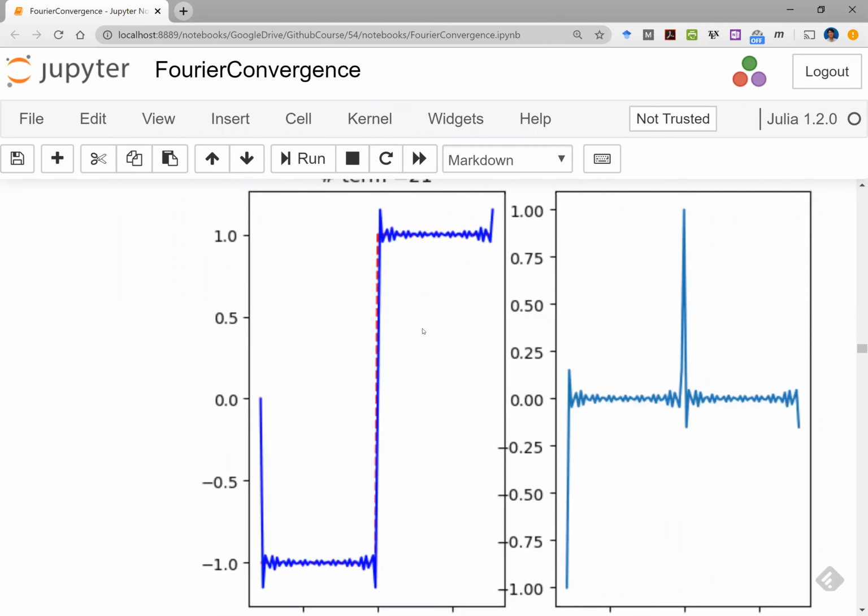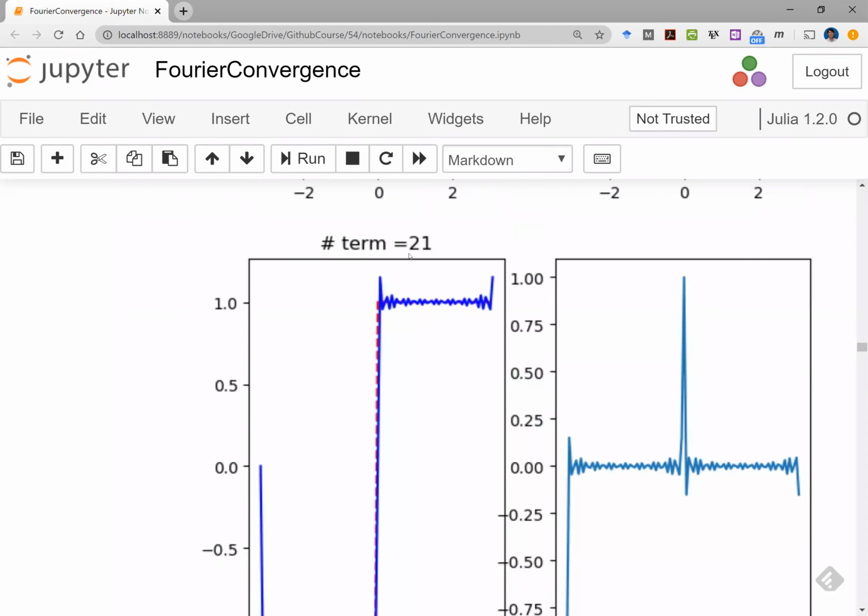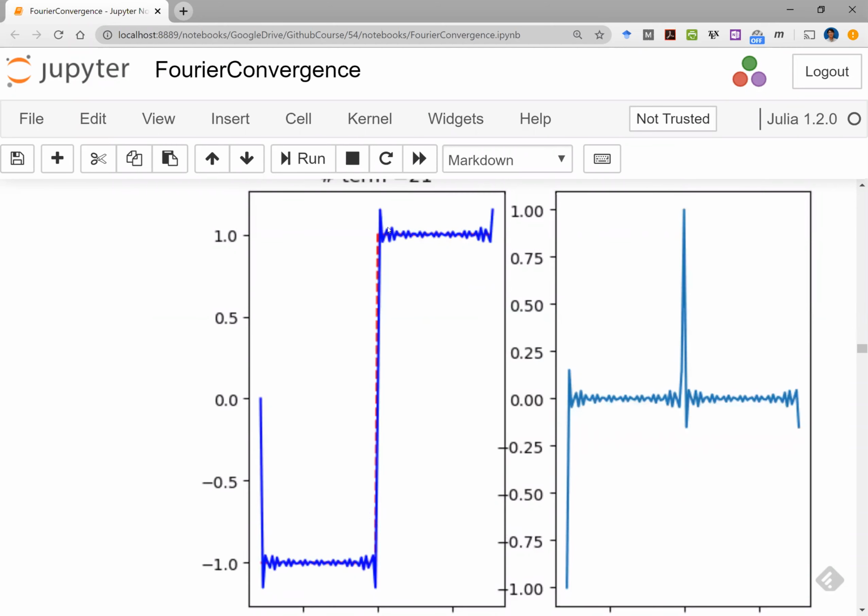And what I'm going to say is, as you increase the number of terms, the approximation in the interior becomes better and better. In the mathematical language, it means that all of these points here converge in a pointwise sense. And again, there's some overshoot.